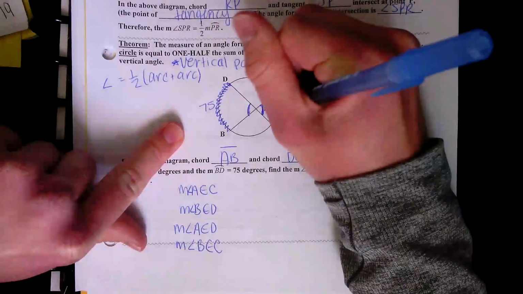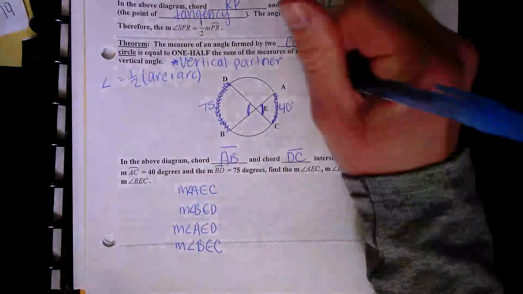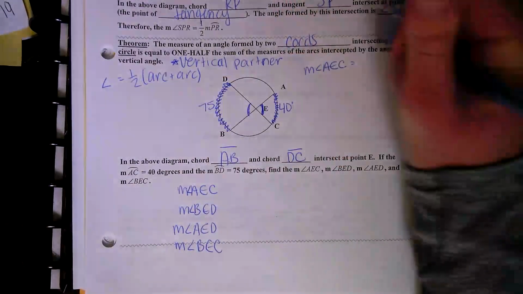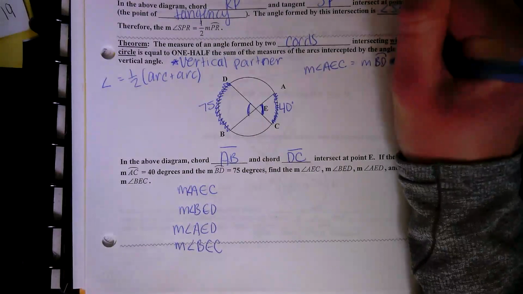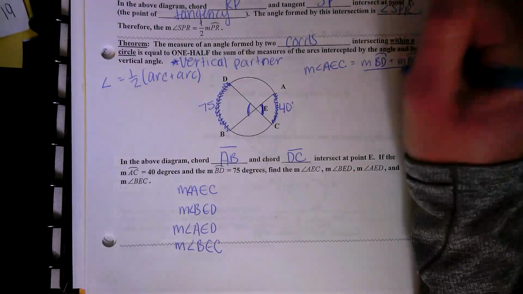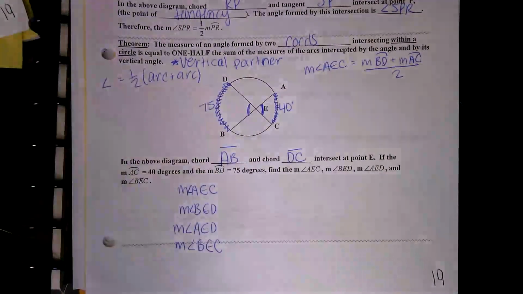So the measure of angle AEC is equal to the measure of arc BD plus the measure of arc AC, divided by 2.